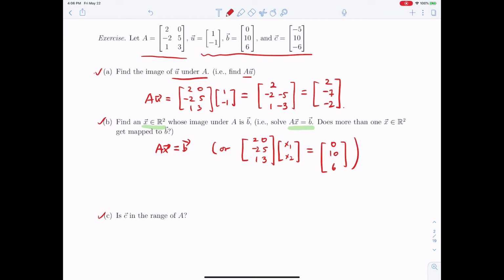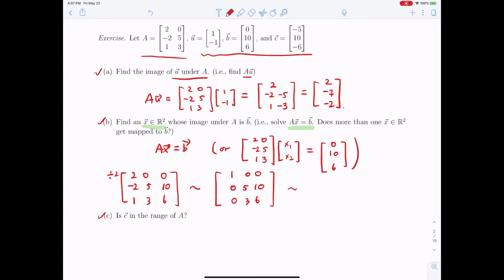If you think about the augmented matrix, which is given by 2, 0, 0, -2, 5, 10, 1, 3, and 6, it is row equivalent to, basically we can divide the first row by 2 and then subtract this from the other rows, which gives you 1, 0, 0, 0, 5, 10, 0, 3, 6.